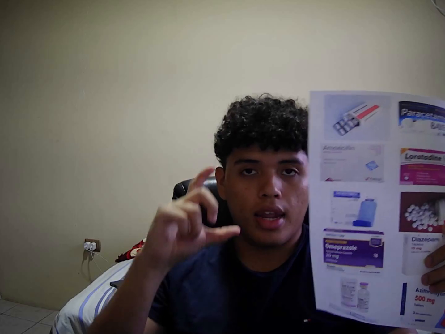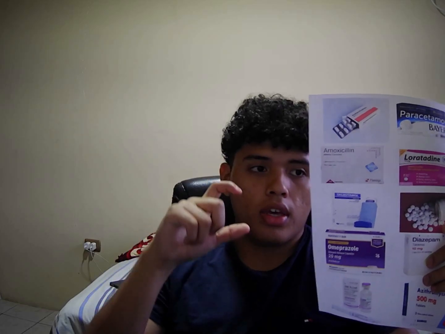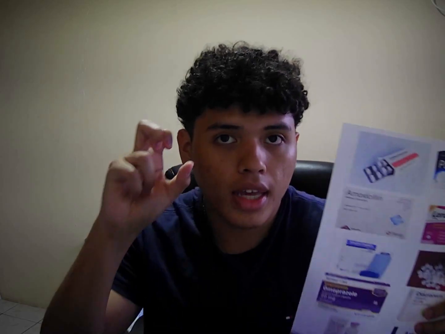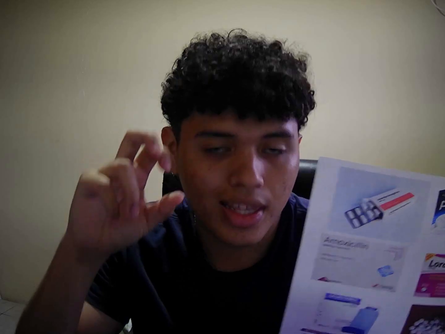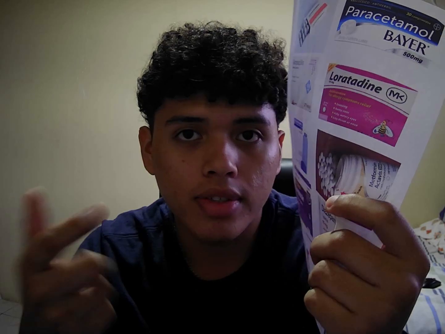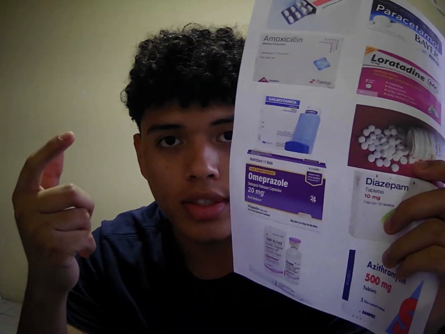Because you are going to inhale this salbutamol with a helper, in Ecuador the way I call this is chisguete. You are going to chisguetear this and inhale the air that releases this salbutamol medicine.